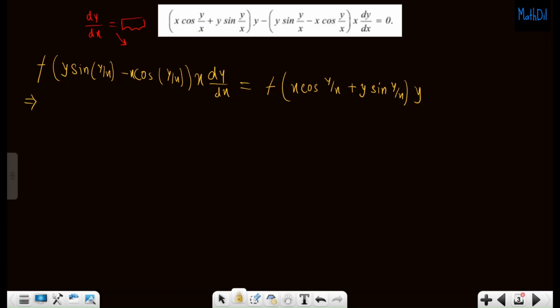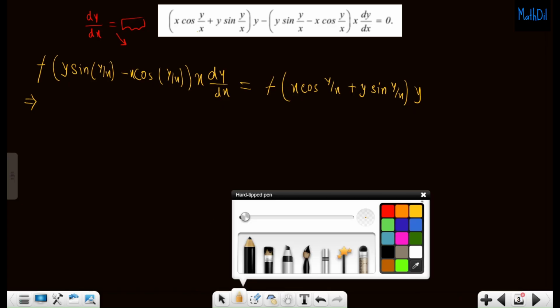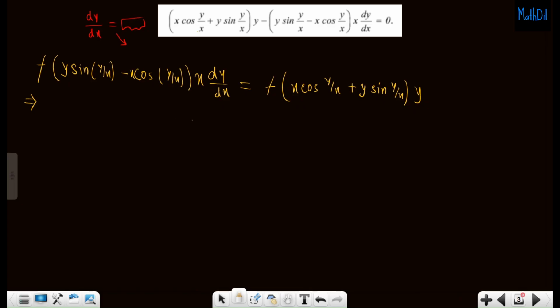Yes, now what can we do? We have to make the equation in this form, right? So we will take all of these things to the right hand side. So what will be remaining here?